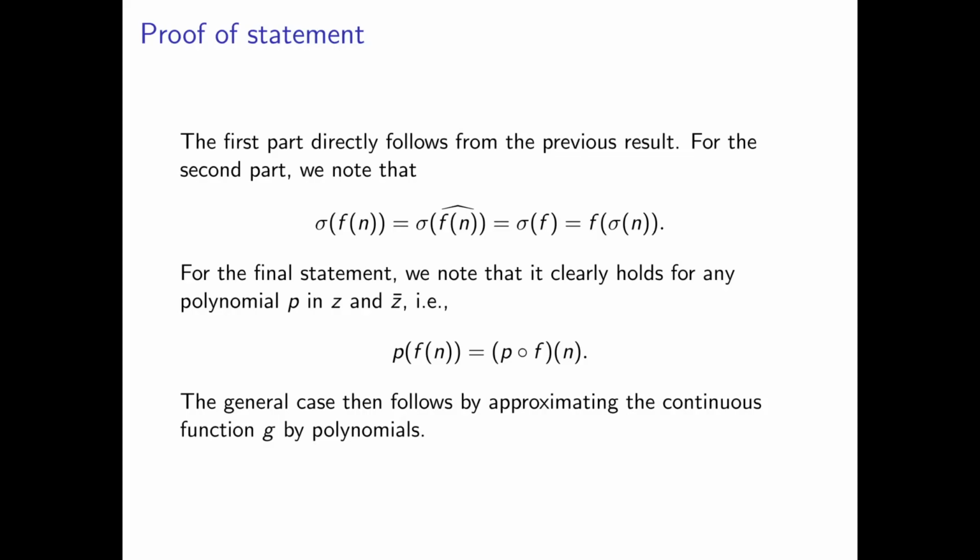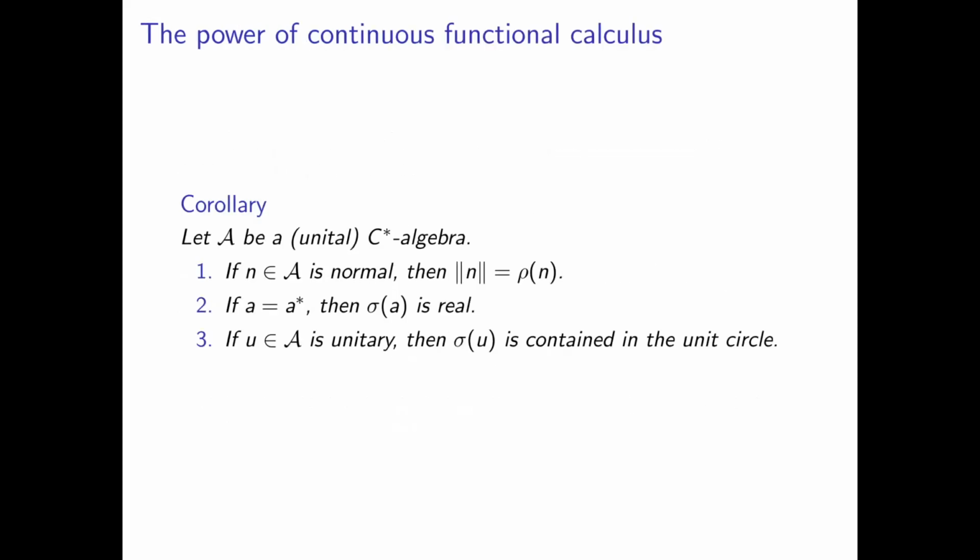And as an end to this short lecture, I would like to go over a brief taste of the power of this continuous functional calculus, because it enables us to prove many non-trivial facts about C-star algebras in a pretty neat way, as you will see. So say that A is a unital C-star algebra, because we want to be able to define unitary elements, of course.